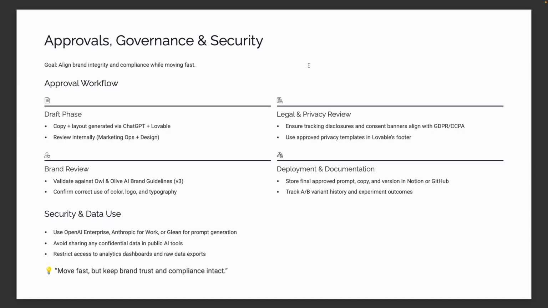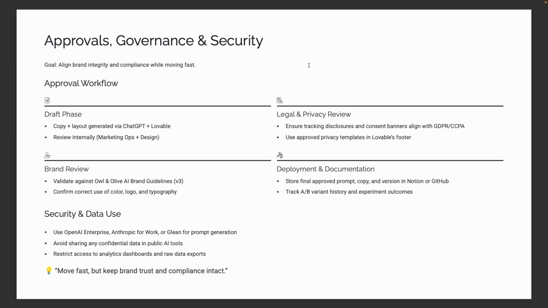And then I mentioned this earlier, I'll just reiterate this: security and data use. You really want to make sure that if you're using this for work, that you're not providing proprietary and confidential company information into a public LLM. And so you want to use something like OpenAI Enterprise, Anthropic for Work, or Glean.